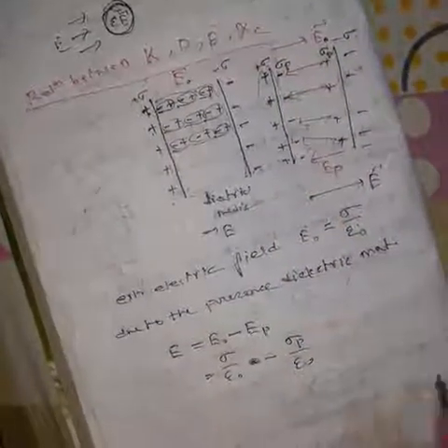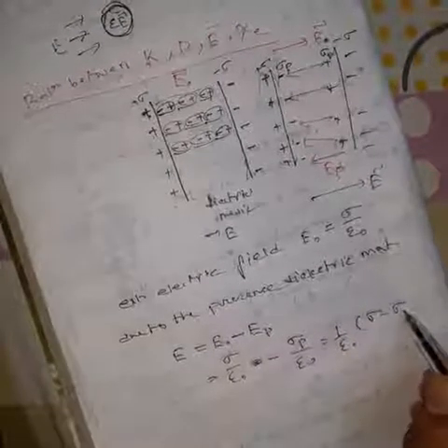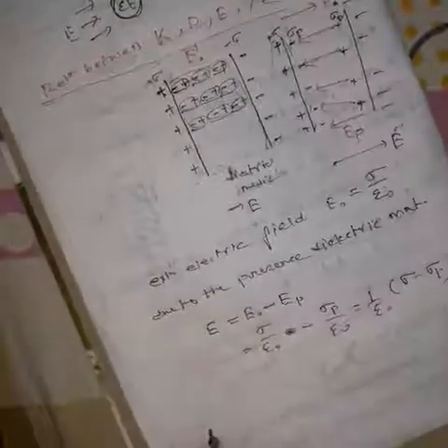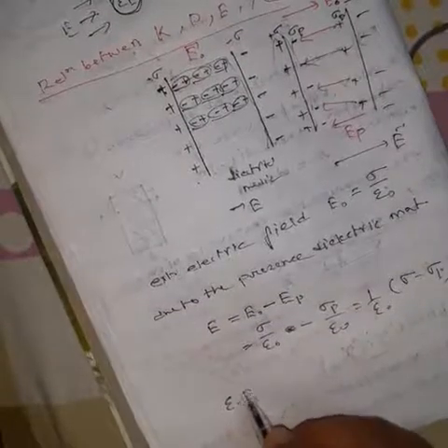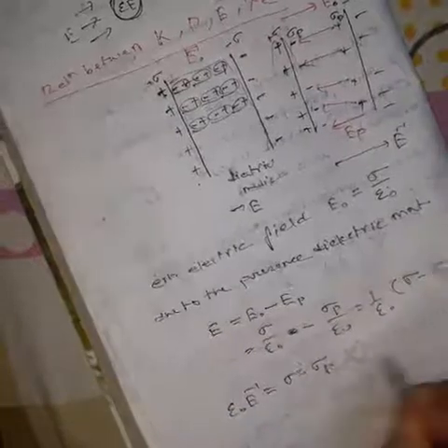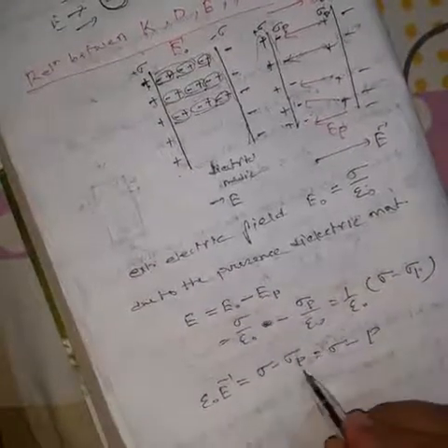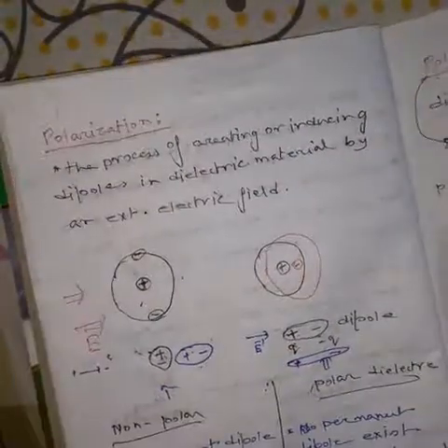Okay, so you can write it as 1 by epsilon 0 into sigma minus sigma P. So epsilon 0 E is nothing but sigma minus sigma P, which is sigma minus P. I can write sigma P equal to P because we have done that in the previous case.